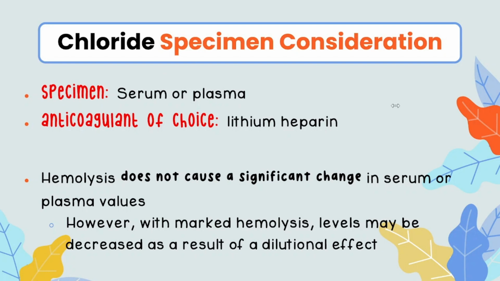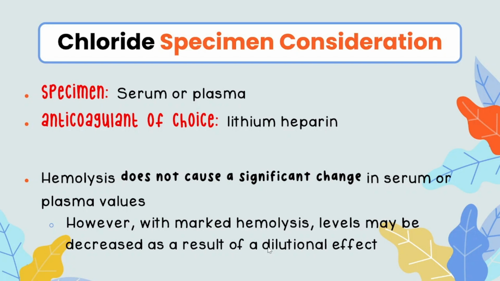Other specimens that can be used for chloride, kids, include whole blood, but that depends on the analyzers used. There are analyzers that allow you to use whole blood samples.